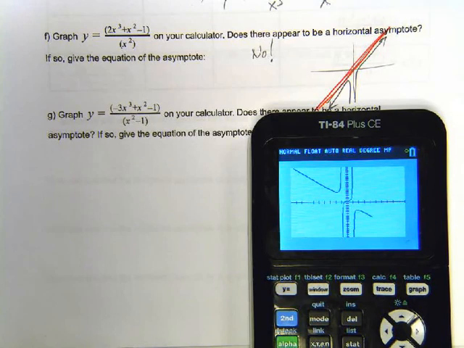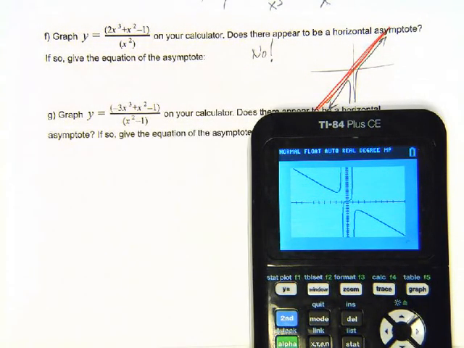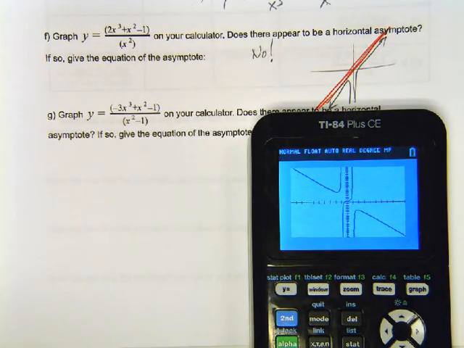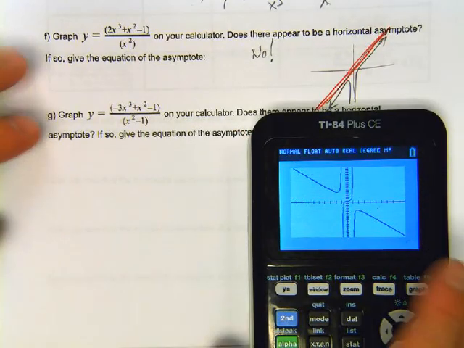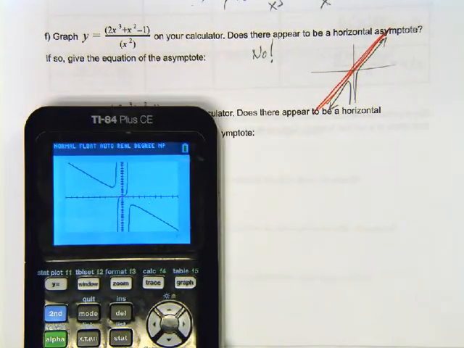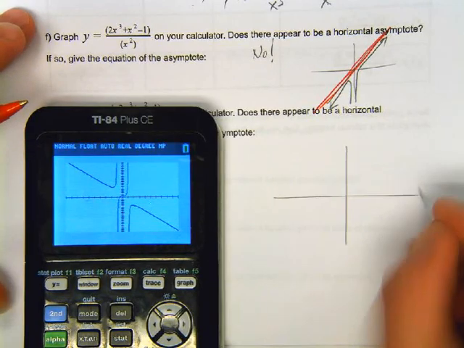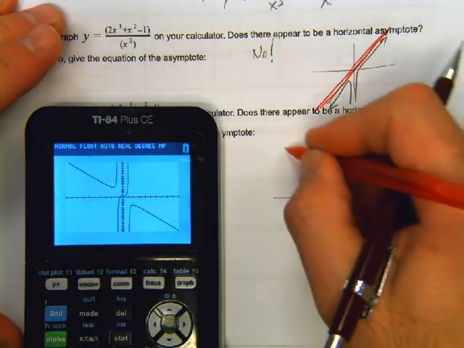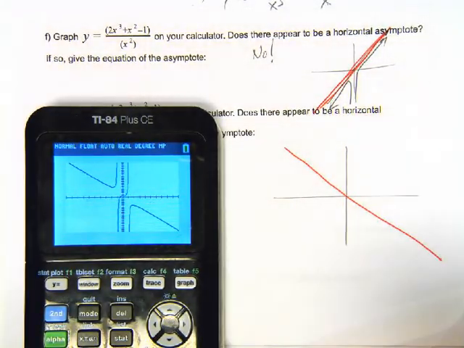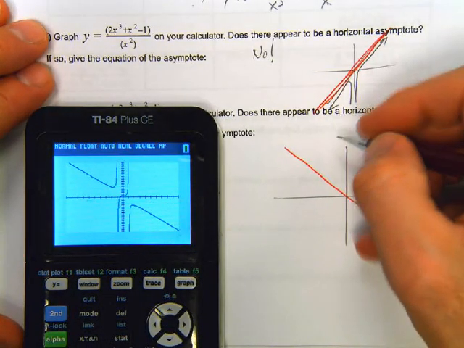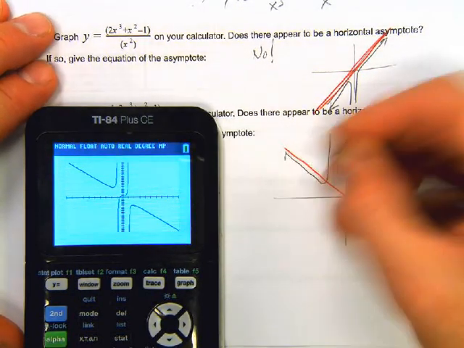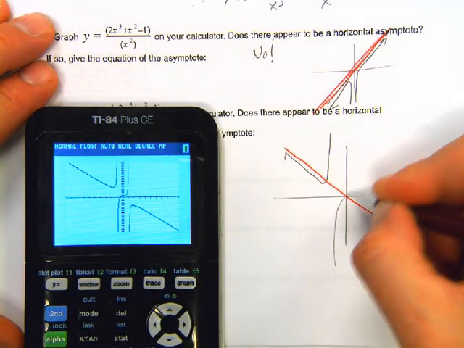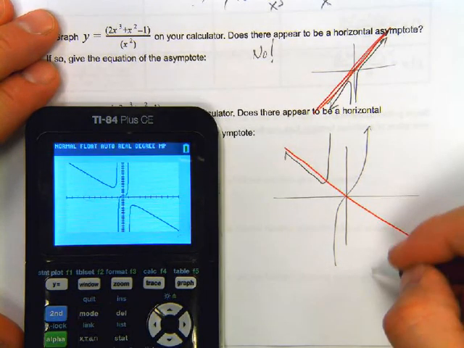Does it look like there's an asymptote there? Yeah, it looks diagonal again. Alright, so it looks like there's some sort of crazy asymptote like that, and it looks like it does that, and then it does that, and then it does that. You know what? I'll bet it doesn't cross here. I'll bet I did this wrong.